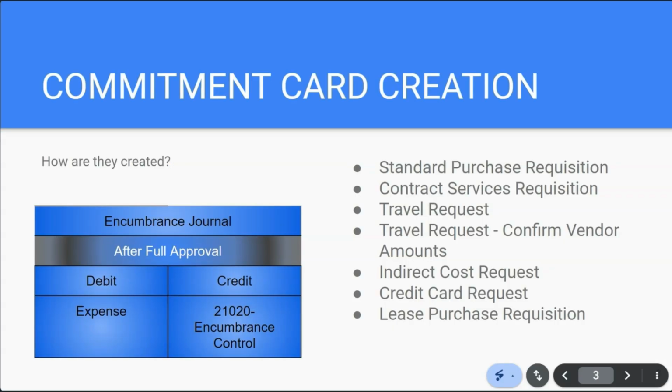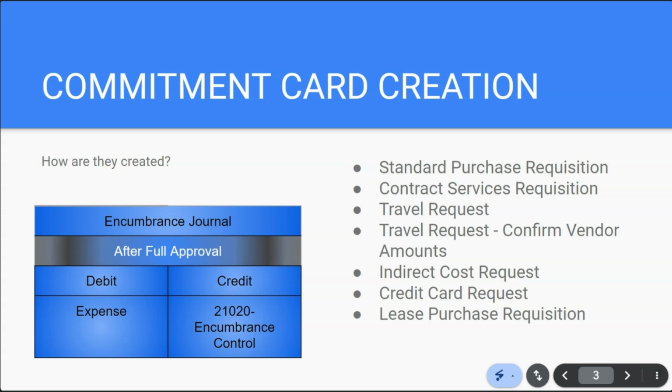And in working with our encumbrances, it's really important we understand how we can create them in Intacct. And so on this screen here, I've got a list of how that's done. All of the transactions on the right, there's 7 of them there. Standard purchase requisitions, contract services requisitions, and so on. Once any of those requests are fully approved, an encumbrance is created.